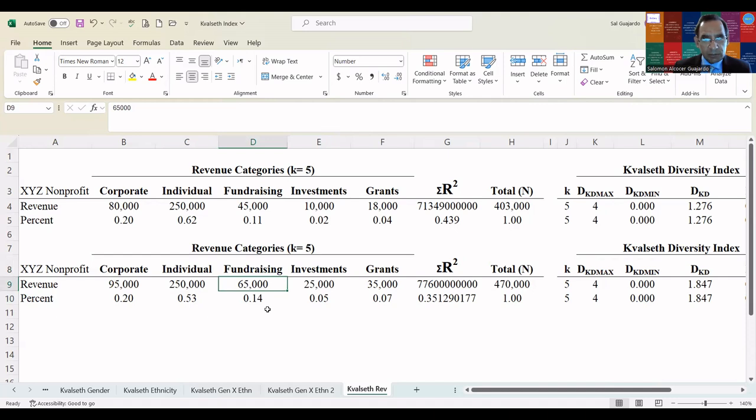Again, I increased fundraising to 65,000 from 45,000. So under the revenue scenario, fundraising now represents 14%. Again, I increased investment revenue to 25,000 from 10,000. I increased the grant revenue to 35,000 from 18,000. Again, I squared the frequencies for each revenue source. Also squared the percentage.